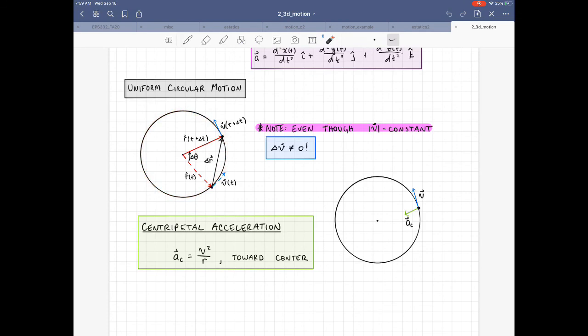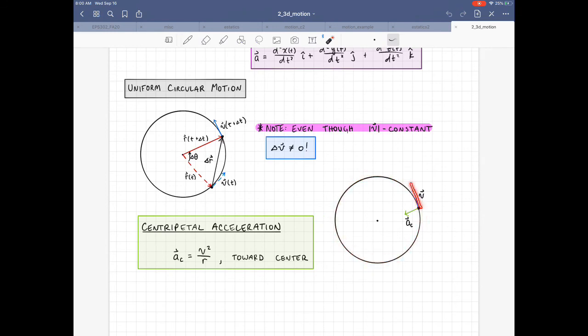And the acceleration has a specific name because this is acceleration that's associated with changing direction as opposed to changing the magnitude of the velocity vector. And this is known as centripetal acceleration. And the centripetal acceleration vector, if you look over here in this picture, points towards the center of the circle. So I've got my object here traveling around this circle.